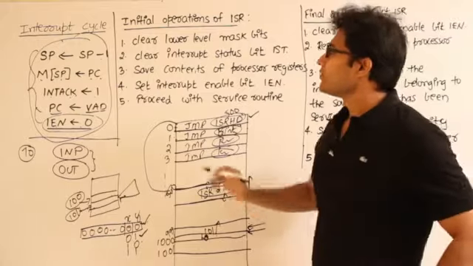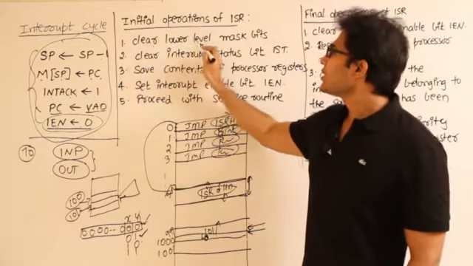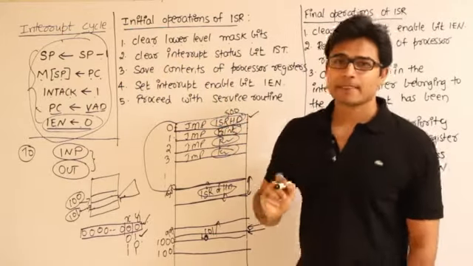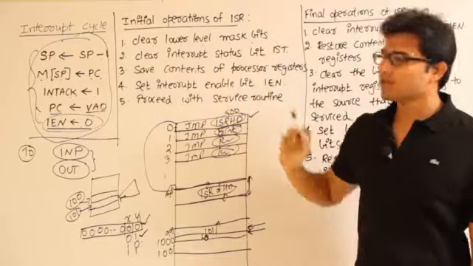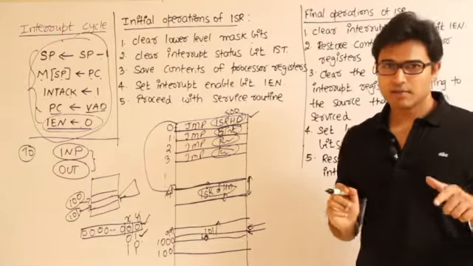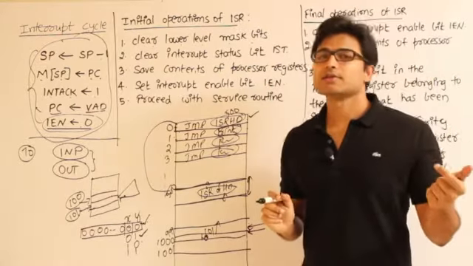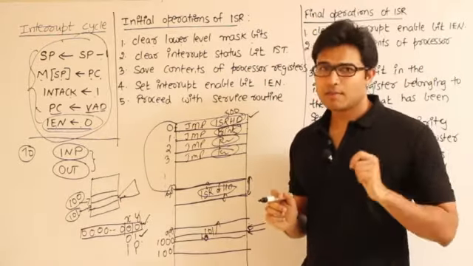Now see this one. First one is clear lower level mask bits. Why is this implemented? Because if you are executing the ISR of some device, the low level devices should not disturb it. For that reason we are going to clear the mask bits. You know what the mask bits are, right? Please refer to the previous diagram, where you can see the mask bits.